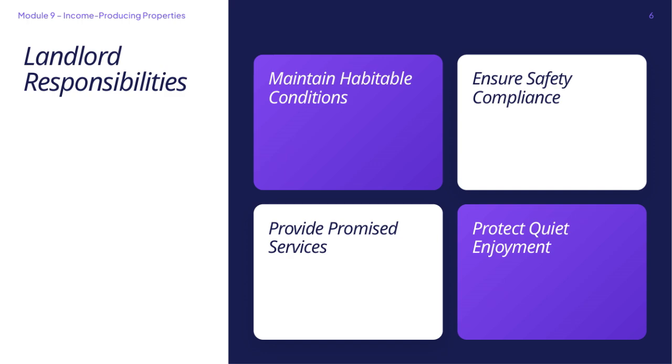Providing promised services is another important responsibility. Landlords need to deliver any amenities or services agreed upon in the lease. Lastly, landlords must protect tenants' right to quiet enjoyment, ensuring that tenants can live peacefully without undue disturbances. These responsibilities are fundamental to managing rental properties effectively and maintaining good landlord-tenant relationships.